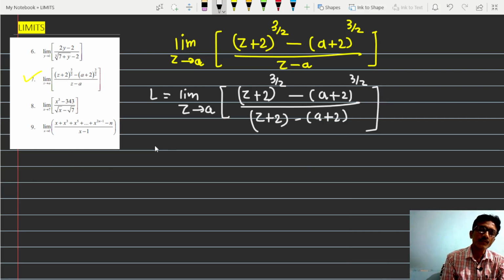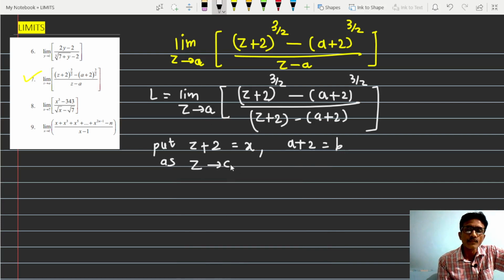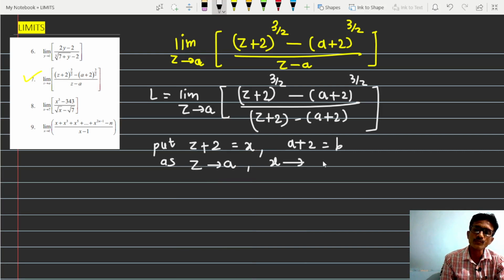Here now we put z plus 2 that is equal to say x, और a plus 2 को भी आपको सब्स्टिट्यूट करना है, that is equal to say b. Now as here z is tending to a, x will be a plus 2, but a plus 2 is b, so x will tend to b.